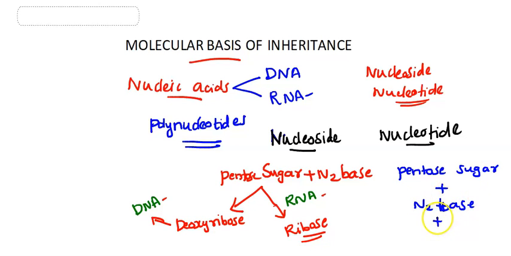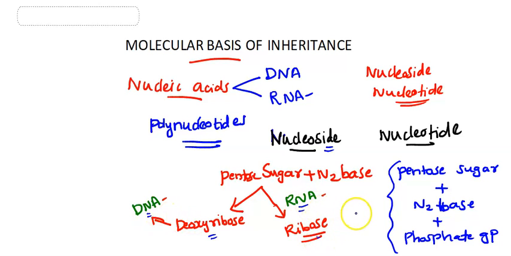Also we can see a phosphate group, but this phosphate group is absent in nucleoside. Okay, nucleotide is made up of these three things: pentose sugar, nitrogen base and phosphate group. The pentose sugar, if it is a deoxyribose sugar, then it will be DNA, and the ribose sugar is present in RNA.